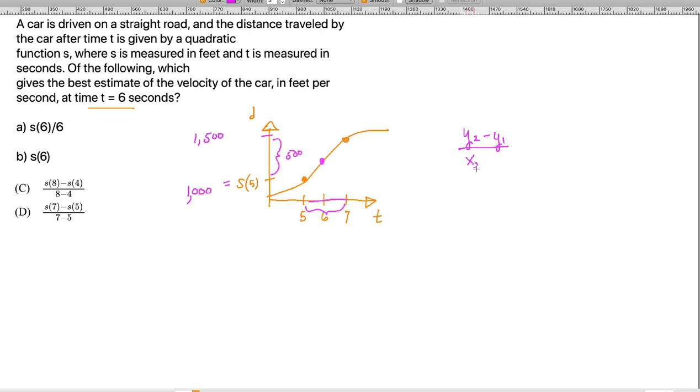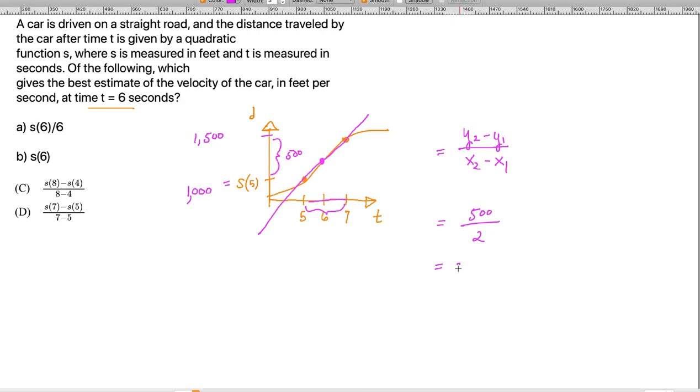T2 or x2, this is the x-axis, x2 minus x1. I'm just showing you that it's the slope of this secant line. In my case, it went from 1,000 feet to 1,500 feet, that's 500 feet in the period from 5 seconds to 7 seconds, in 2 seconds.